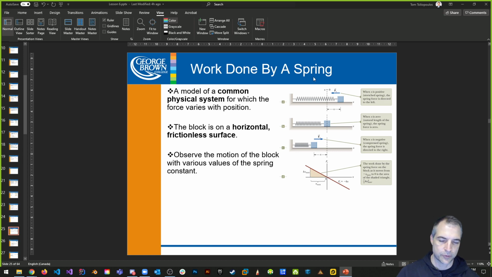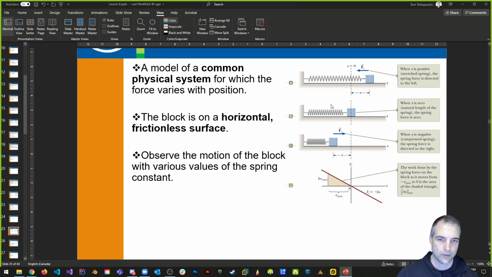Work done by a spring. Whenever we talk about springs, and we haven't really talked about springs very much this semester, we've got to think about what a spring is. A spring has a natural state. For example, here's a spring in picture B. This is the natural length of the spring when there's no force being applied.